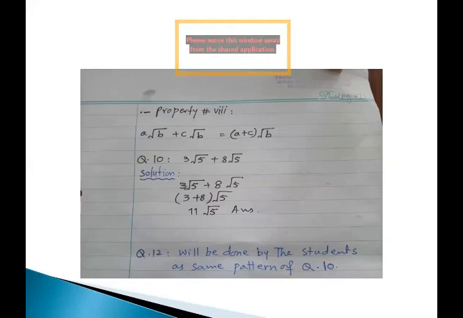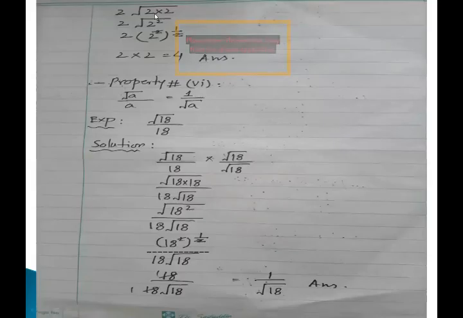Taking the factors of 4, 2 times 2, so 2 under root 2 square. We cancel the square root with the square. So it would become 2 multiplied by 2, which is equal to 4.